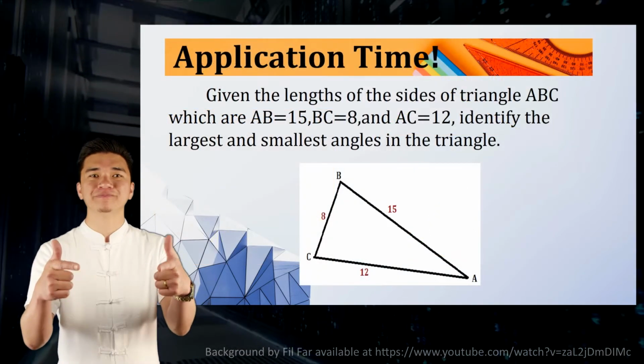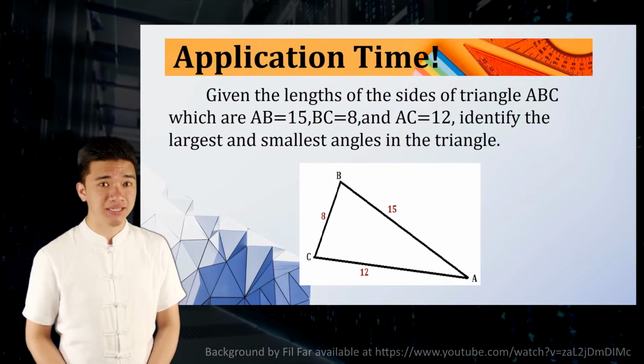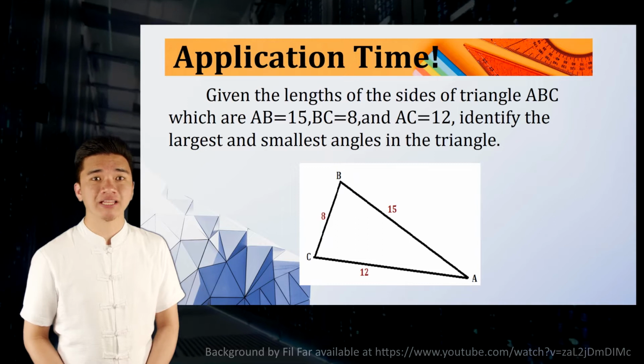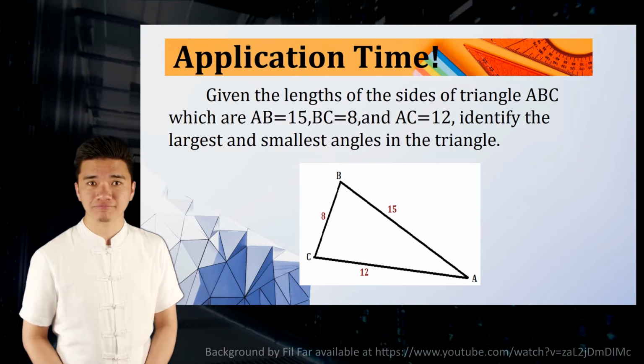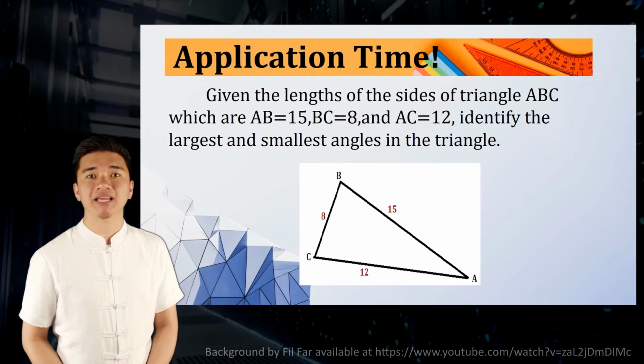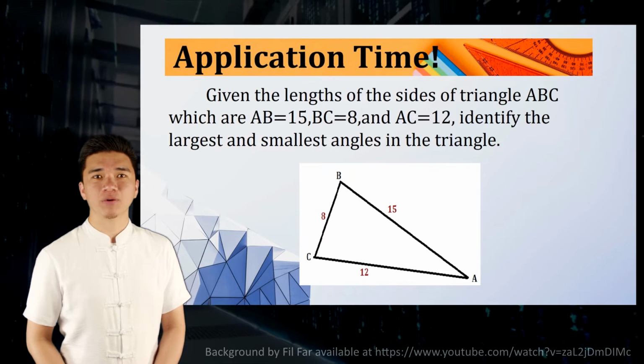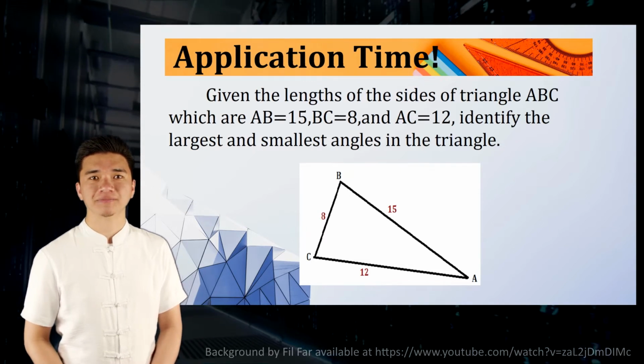Application time. Given the lengths of the sides of triangle ABC, which are side AB is equal to 15, side BC is equal to 8, and side AC is equal to 12, identify the largest and smallest angles in the triangle.